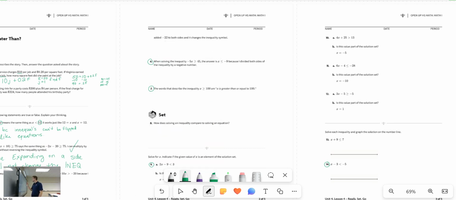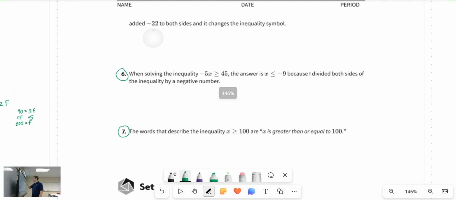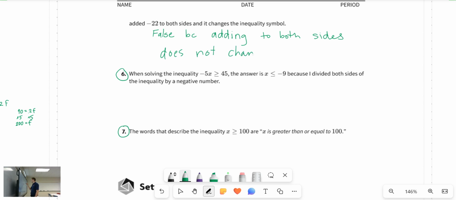It's false because adding to both sides does not change the inequality symbol, even if you're adding a negative. Adding to both sides does not change the inequality.